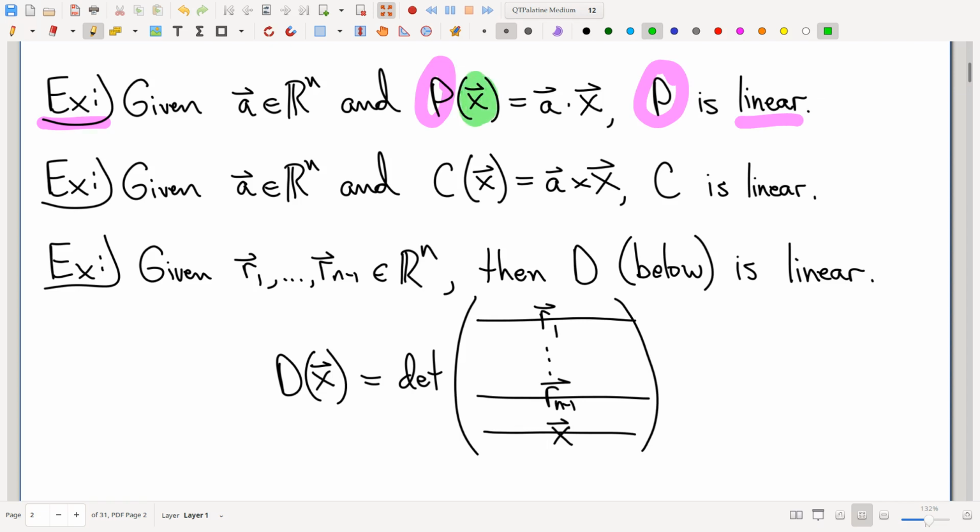P takes an input x. Now, what does p then actually do to the input? Well, it says right here in the formula what p does: it does a dot product with this vector a, whatever that constant vector a is, and the a has to be specified. So that's what p does.